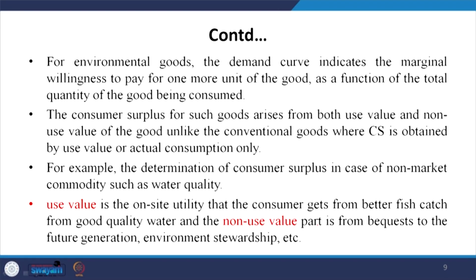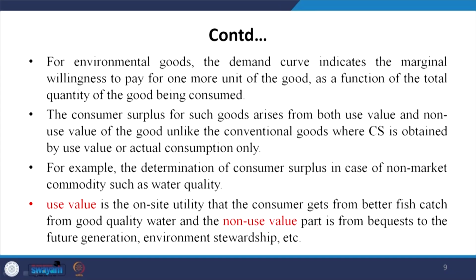Use value is the on-site utility that consumers get from a better fish catch from good quality water. Obviously, when the quality of water improves, aquatic life is also positively affected, and the production of aquatic life such as fish will increase when the oxygen level in the water is high, so the quality of water is good.